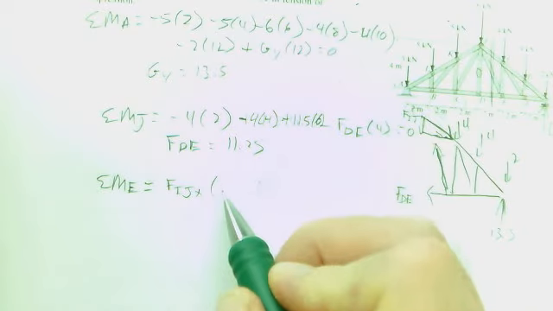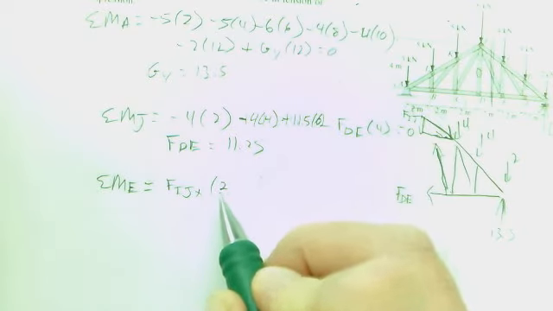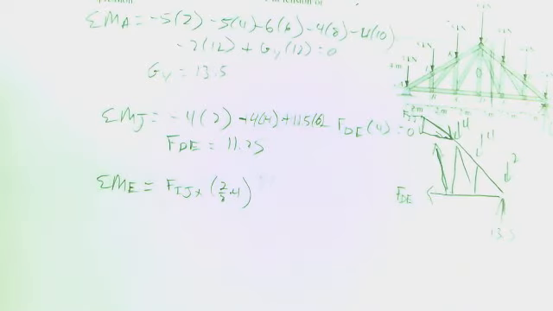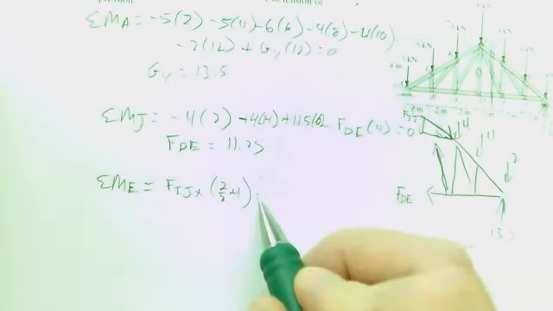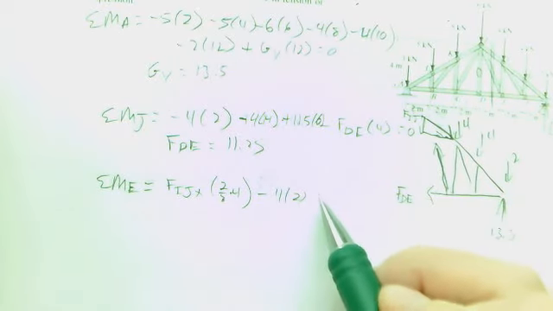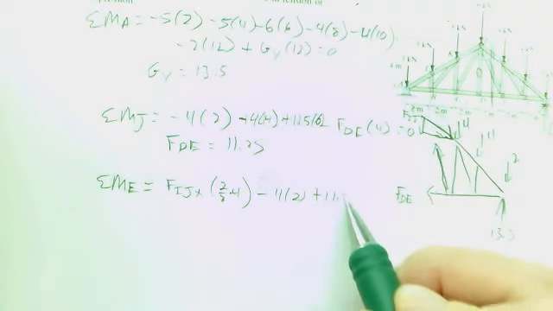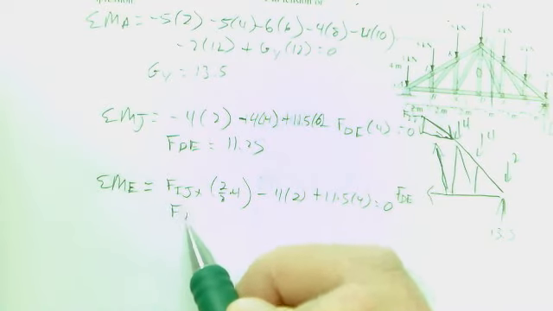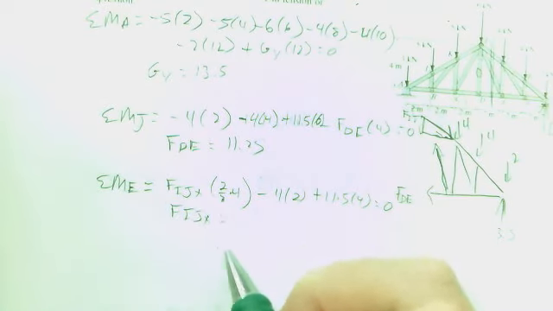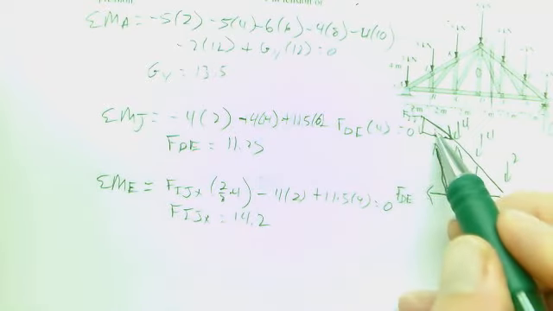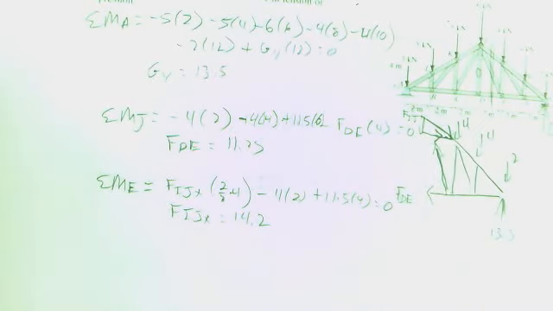So I'm going to multiply FIJ in the x times 2/3 of 4, and then minus 4 times 2, that's that one, and then plus 11.5 times 4. And that equals 0. So FIJ in the x equals 14.2, going to the right.